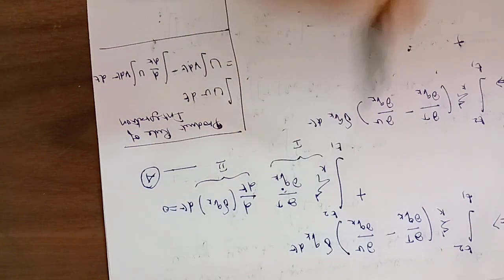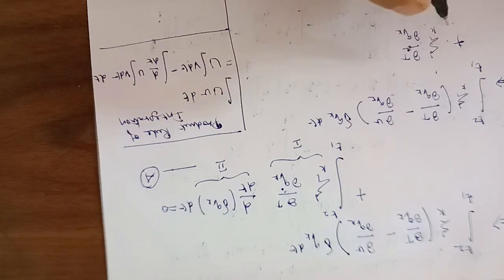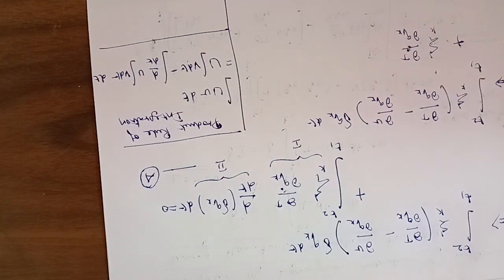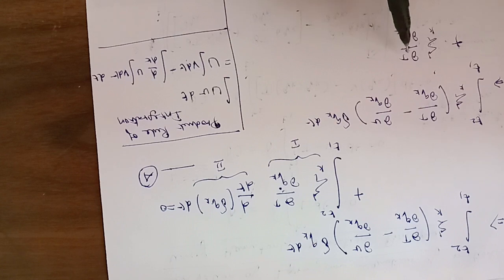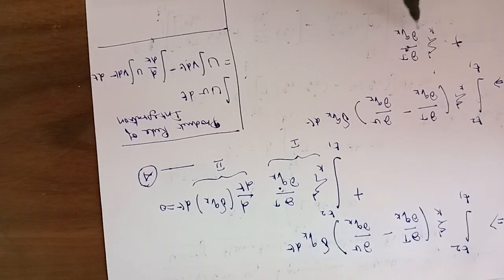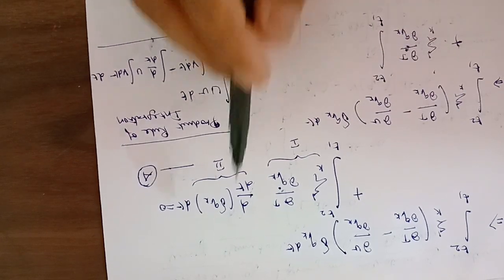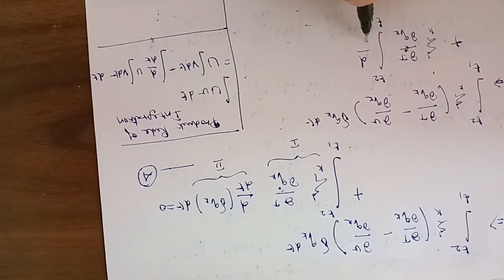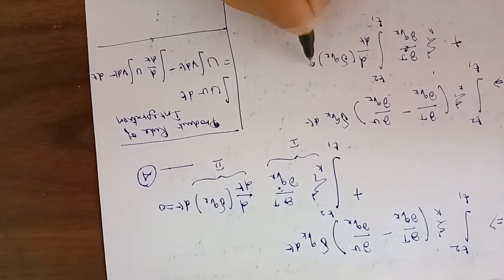This is u: dou T by dou QK is u. Integral T1 to T2 v dt. V is this, so d by dt of delta QK into dt.